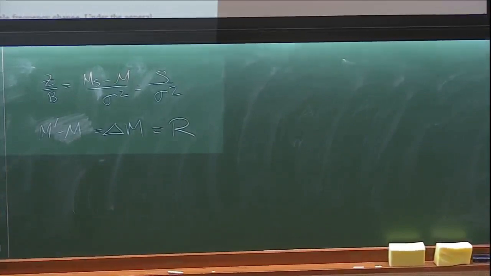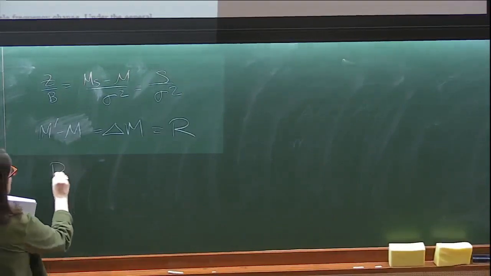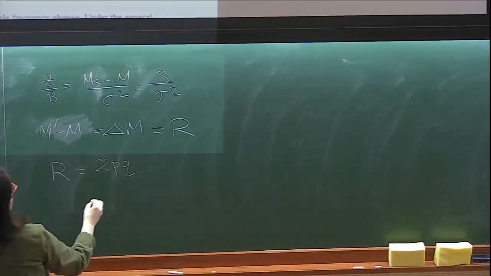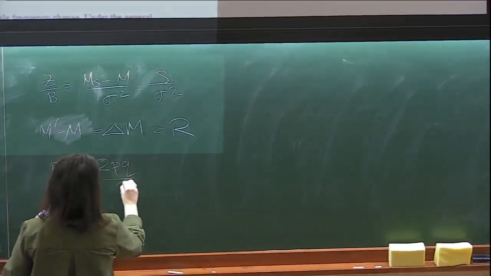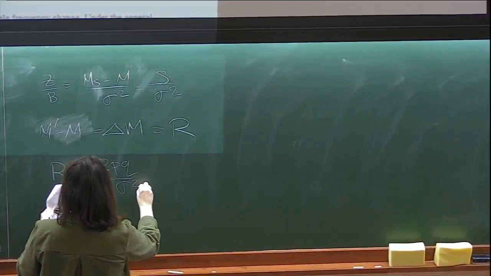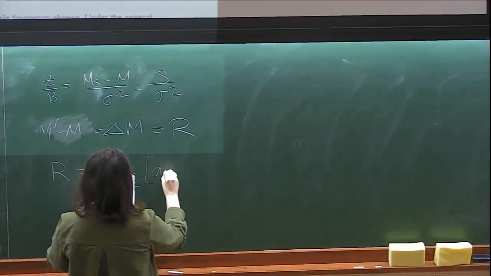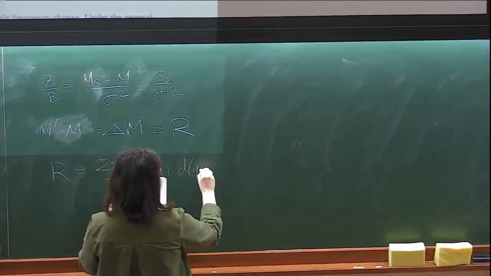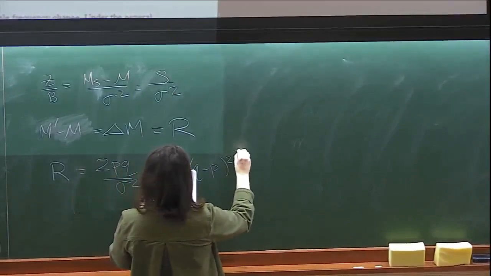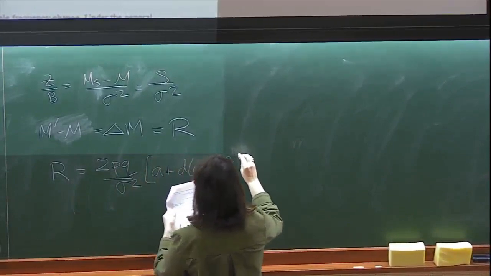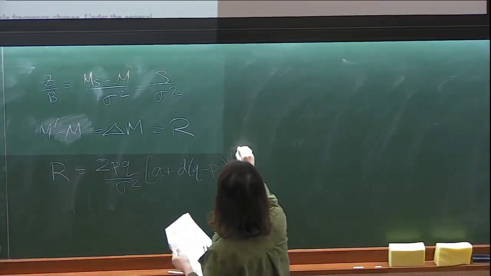So I can rewrite this way. The response is 2pq divided by sigma squared times this quantity. There. S.